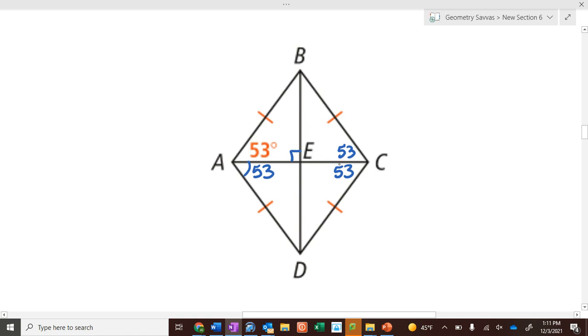And then, what's this angle up here? 37. And this angle over here? 37, and 37, and 37. So once I know one angle of a rhombus, I know all of them, because we have a 90-degree angle there and we've got bisecting angles.